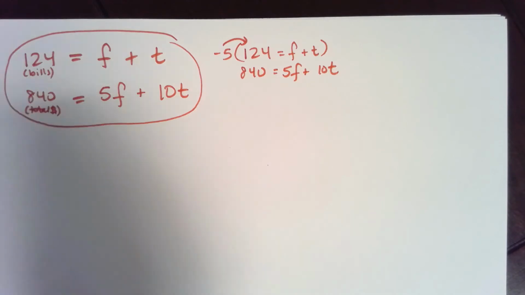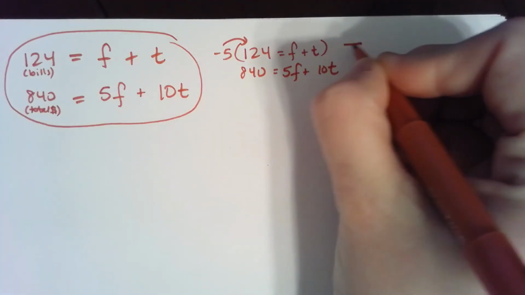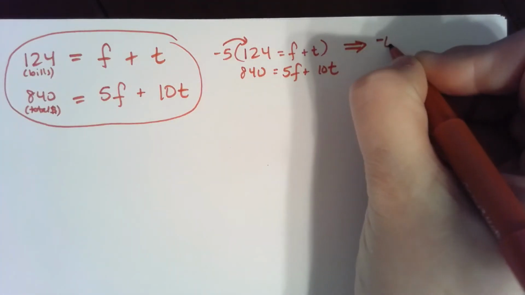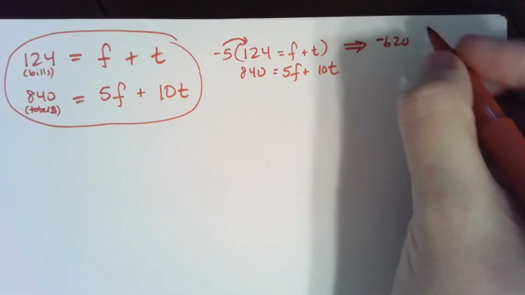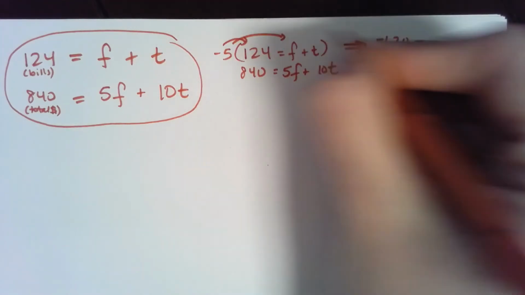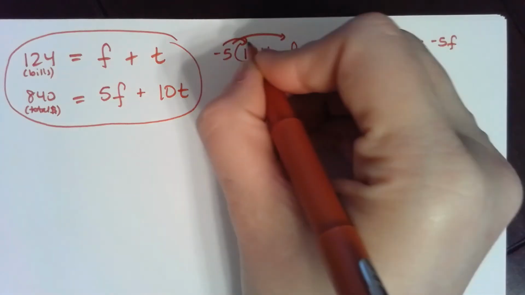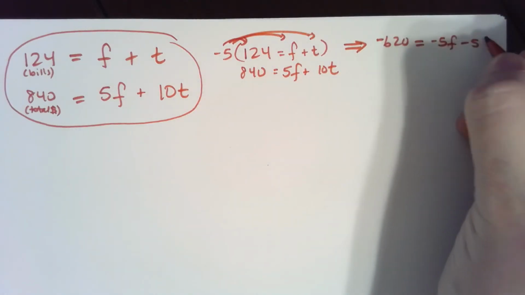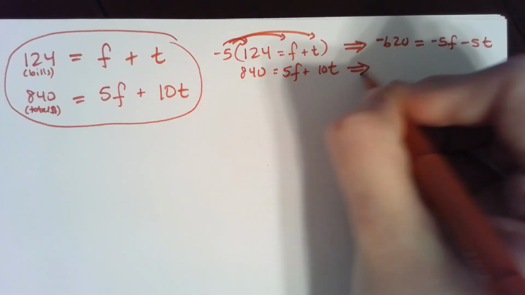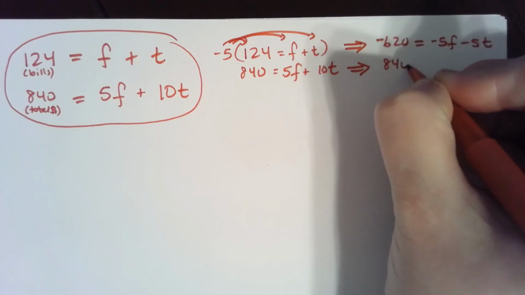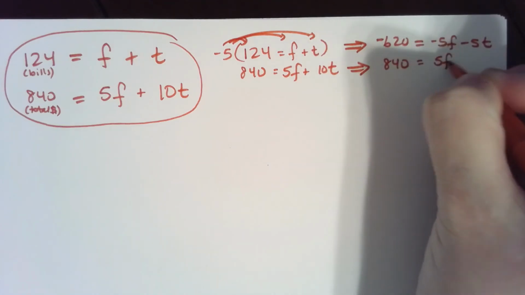So when I rewrite this, that's going to be -620 equals -5F minus 5T. Since I didn't mess with the second row, I have 840 equals 5F minus 10T.